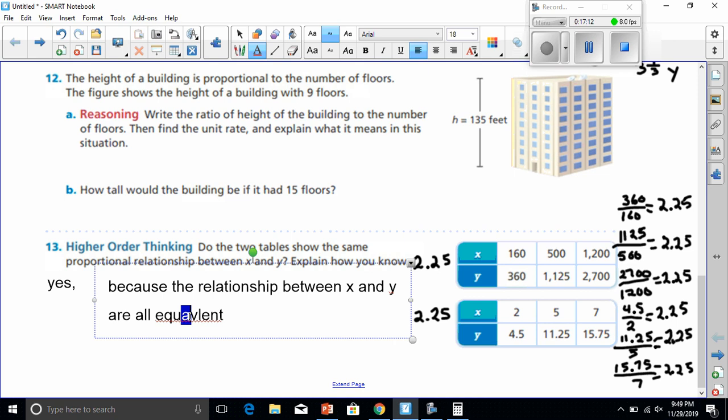I'm sorry, got that wrong. Equivalent to 2.5. Oh, 2.25, excuse me.